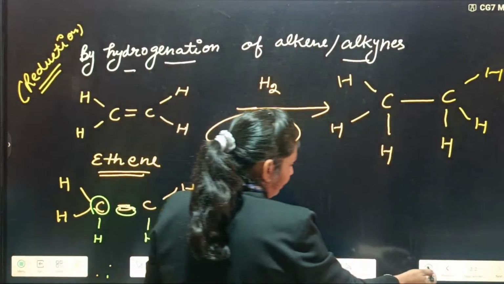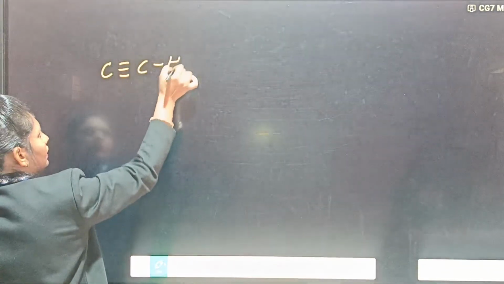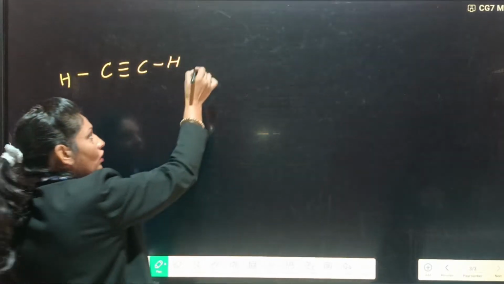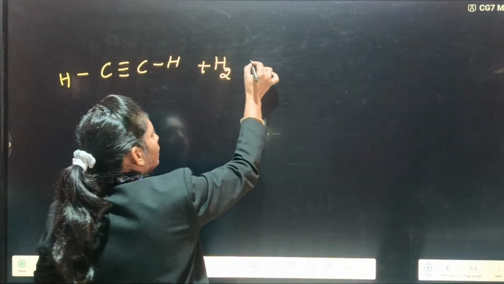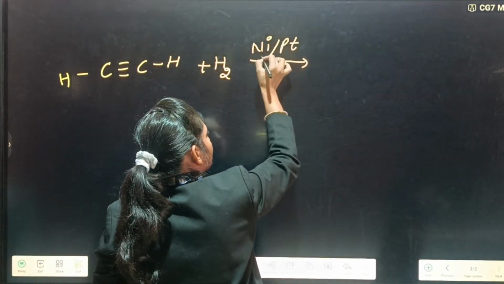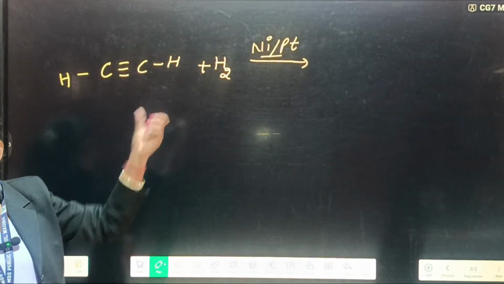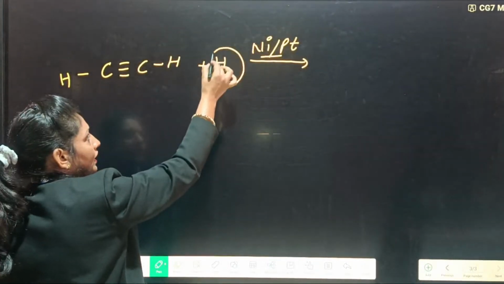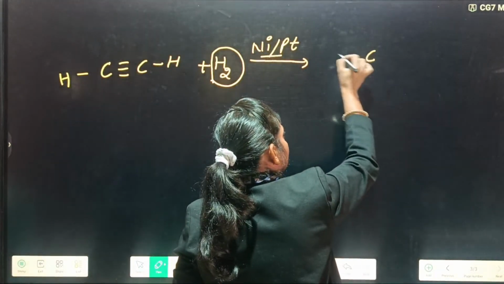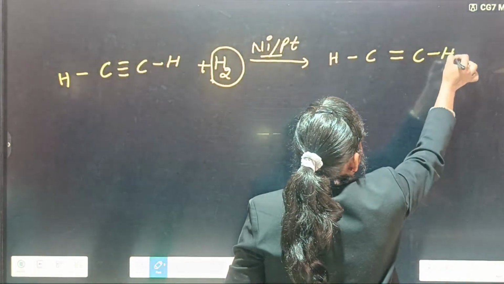Then if you have an alkyne, let us consider ethyne. If you have only one unit of hydrogen and you want to do the reaction in presence of nickel and platinum, again you will do hydrogenation. Here you have only one unit. So firstly, the same thing: this carbon forms one bond with hydrogen and three bonds with the other carbon.